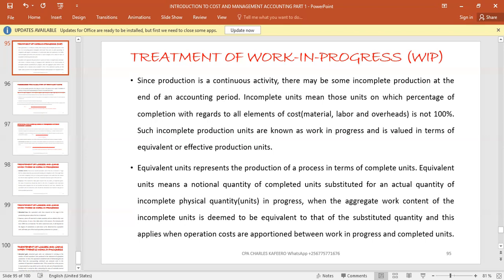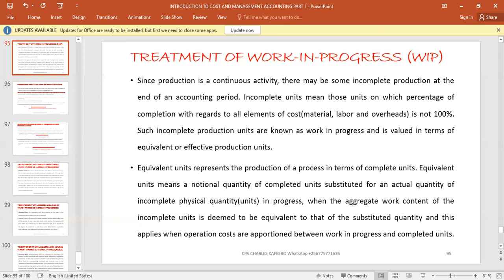We can take an example that at the end of the financial year, if you are basing on a brewing company, you may find that some of the bottles are at the stage where they are filled with beers, and some are at a process where they are about to get filled with the beers.